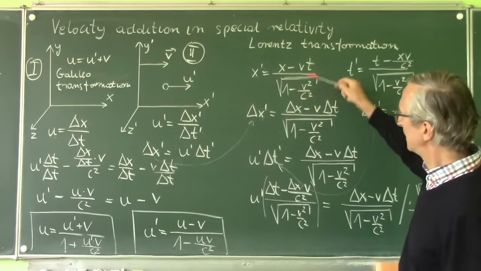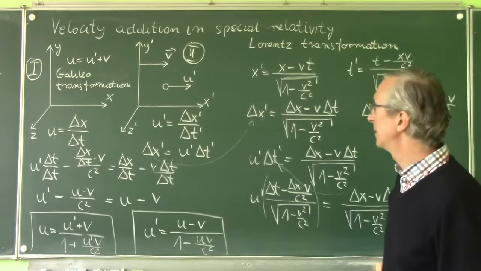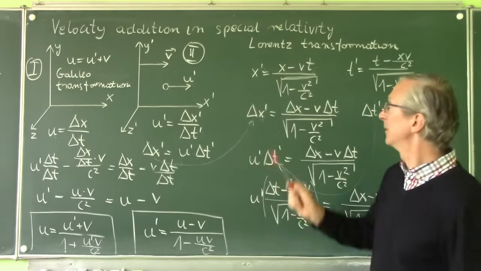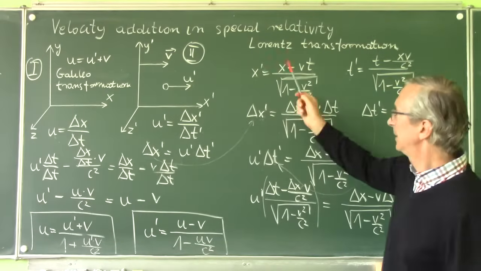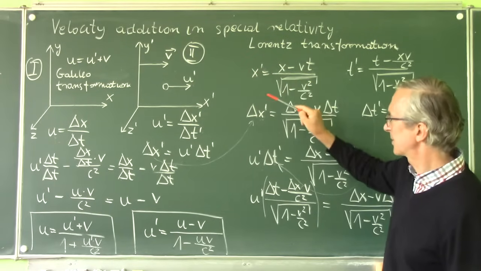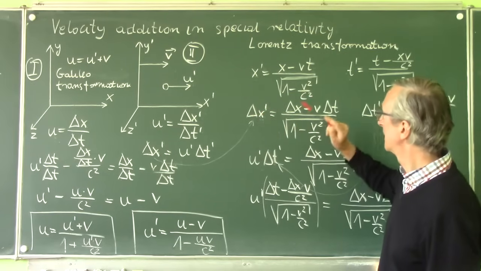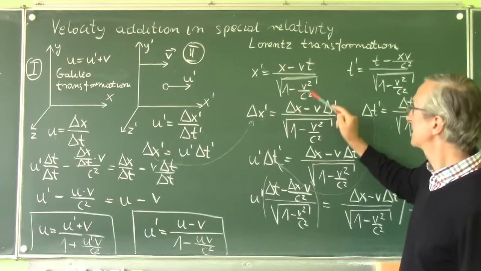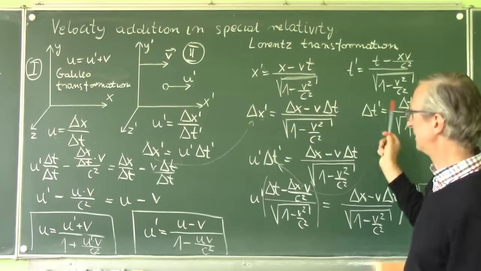As you can see, these equations are very similar. It is because x dash and t dash depend on x and t linearly. So instead of x dash in this equation, we will have delta x dash. Instead of x, we will have delta x, and instead of t, we will have delta t in both.